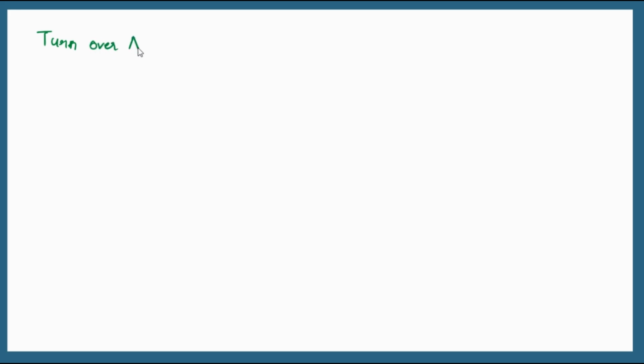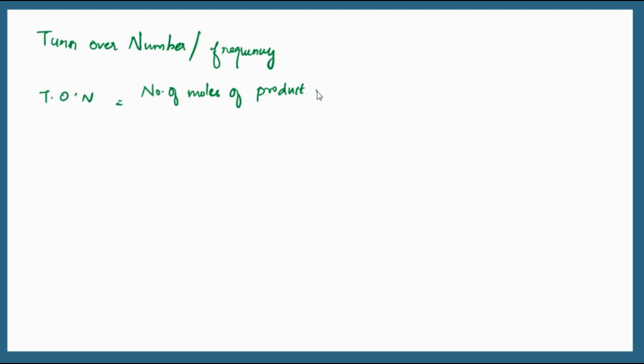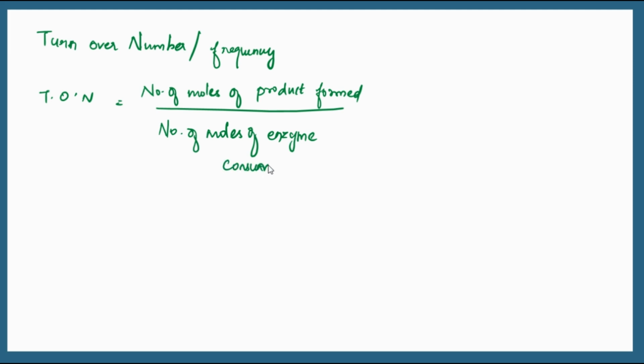What is it? Turnover number or turnover frequency is the number of molecules or number of moles of product formed, divided by the number of moles of enzyme consumed or used, during a time interval.